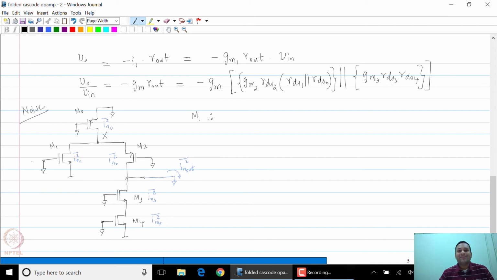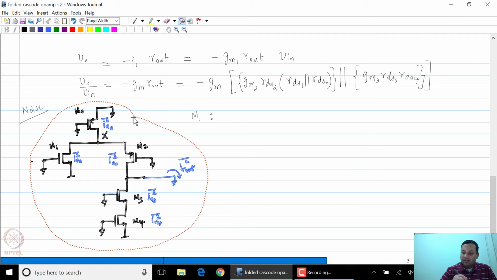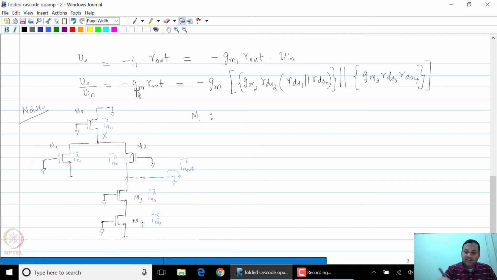So if you look at noise of M1, we will assume that the other noise sources do not exist, and this noise of M1 flows between the drain and source of M1.